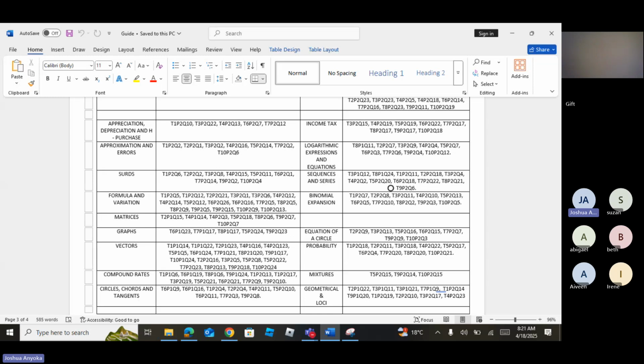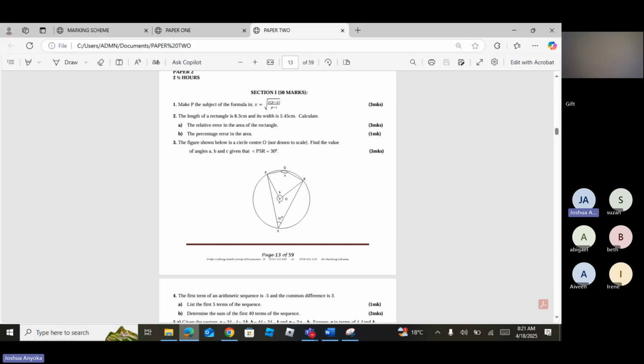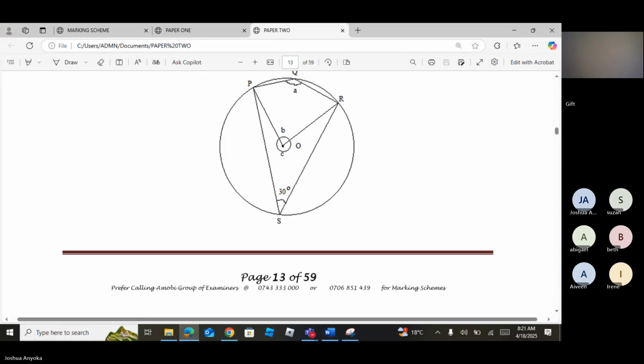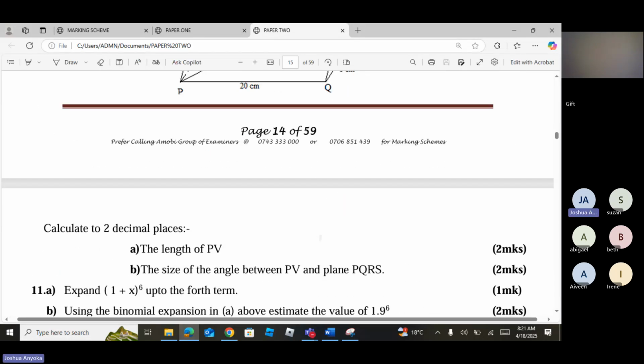I want to find one that has 10 marks. Trial paper 2. Trial 2, paper 2, question 21. Let us check whether it has a good equation.